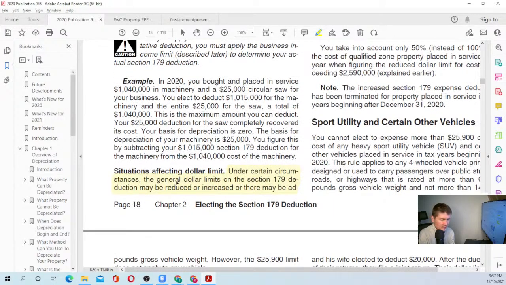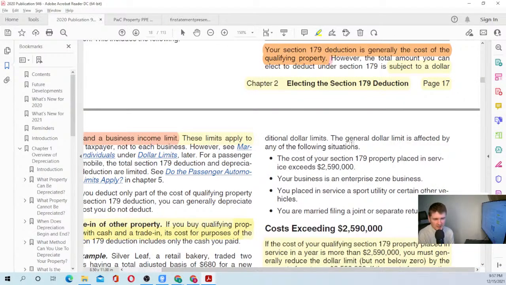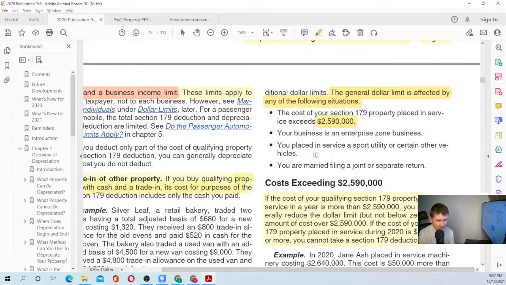Under certain circumstances, the general dollar limits on the Section 179 deduction may be reduced or increased, or there may be additional dollar limits. The general dollar limit is affected by any of the following situations. The cost of your Section 179 property placed in service exceeds $2.5 million. Your business is an enterprise zone business. You placed in service a sport utility or certain other vehicles. You are married, filing a joint or separate return.